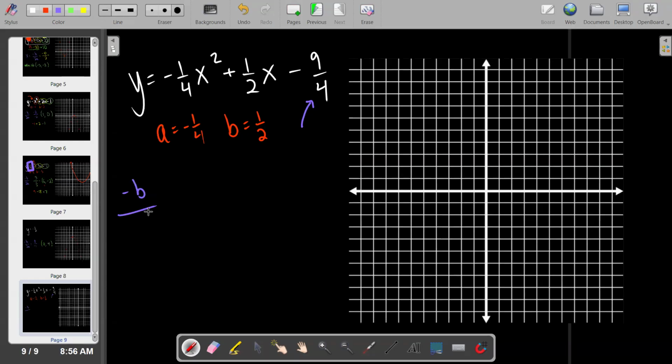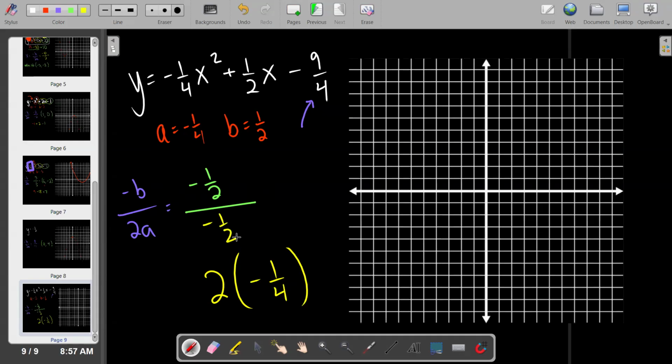Opposite of B divided by double A. Here we go. What would I write for the opposite of B? Negative 1/2 goes on top. On the bottom, what is 2 times A?